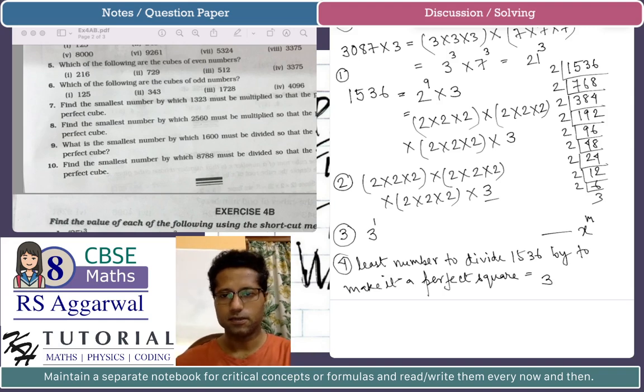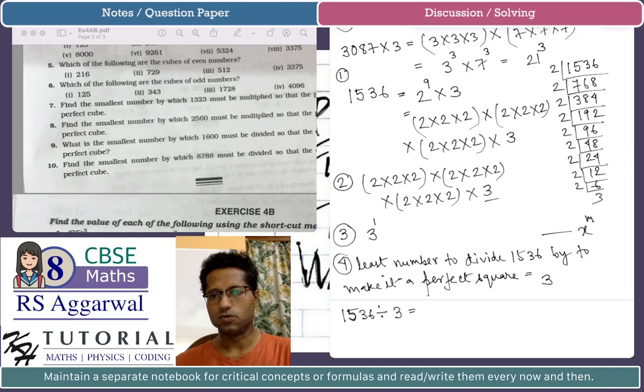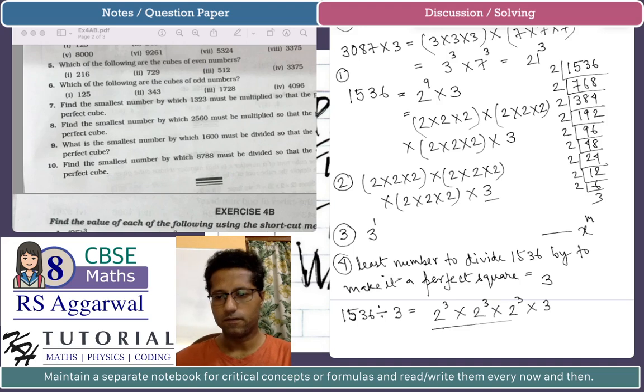So we can clearly see that 1536 divided by 3 is nothing but, in the prime factorization you can see there is only one 3. If you remove that, we will have 2 cube multiplied by 2 cube multiplied by 2 cube. We have 3 triplets where each triplet has an equal factor of 2. So the prime factorization of 1536 is 2 cube multiplied by 2 cube multiplied by 2 cube multiplied by 3, and this whole divided by 3.